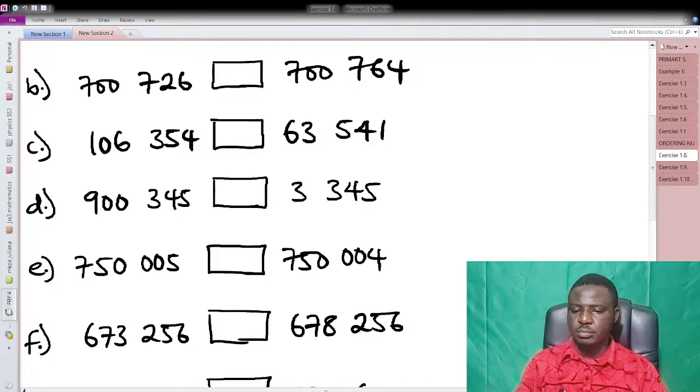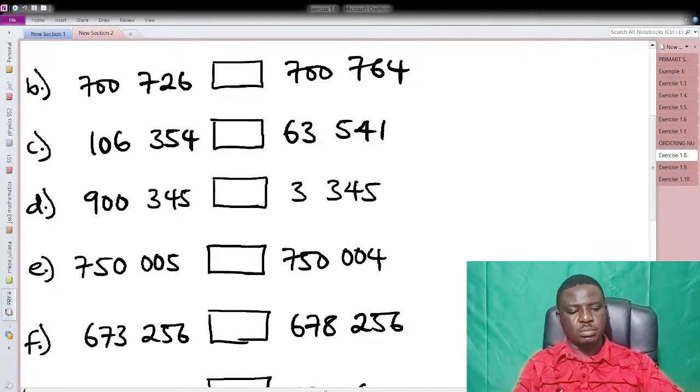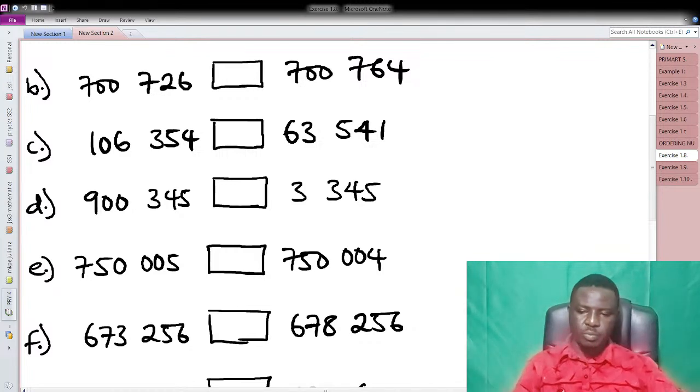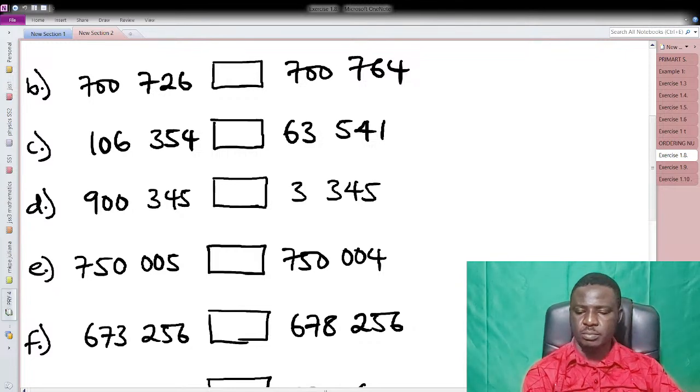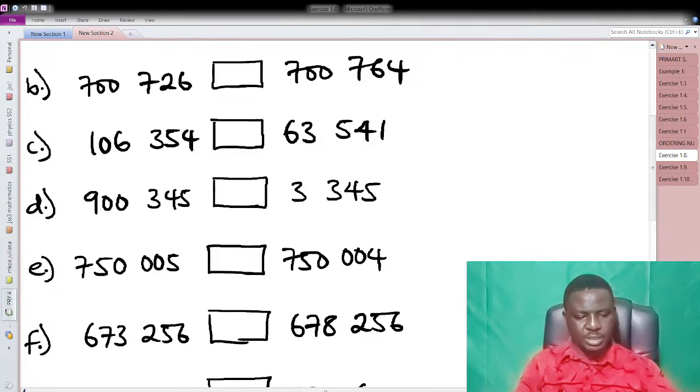What's the answer to B? Okay, he said B is less than.